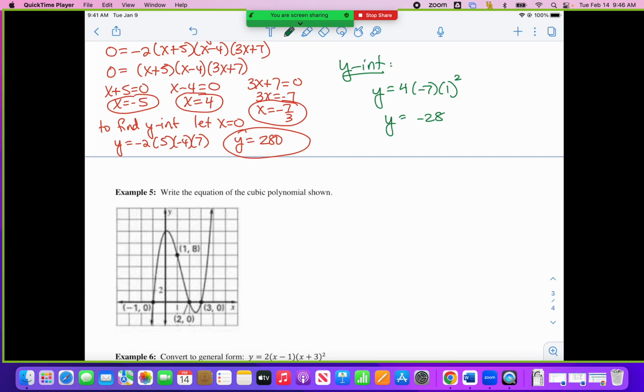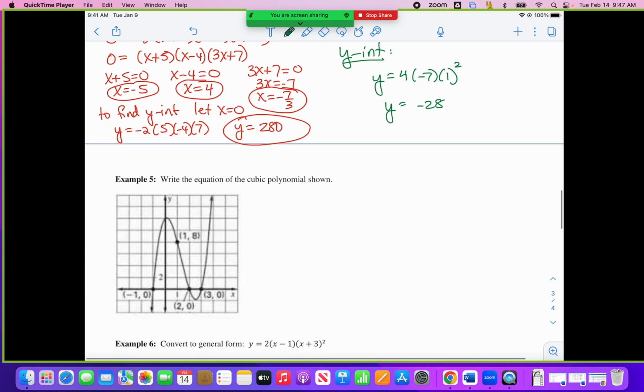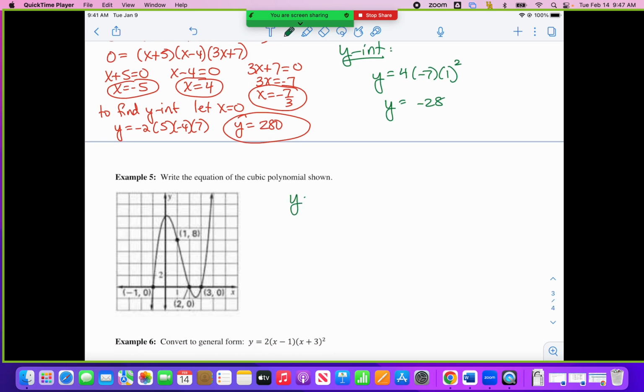It says, write the equation of the cubic polynomial shown. So what you're going to do is you're going to start with your x-intercepts. So if you know the x-intercepts on the cubic, you're going to write down their factors.